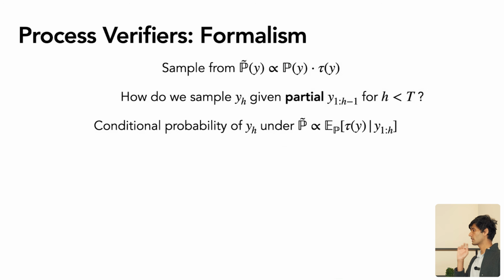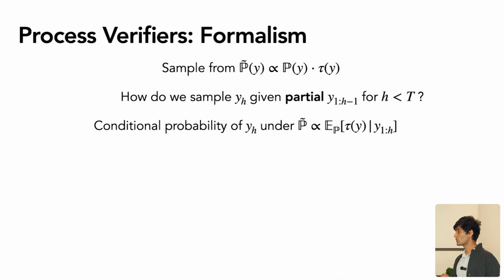It turns out, after a few minutes of thought, the correct object that you need access to in order to sample from this distribution is the conditional probability of the next token conditioned on the output that you have sampled so far.